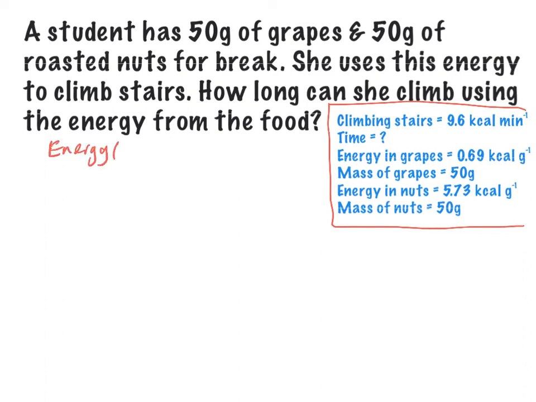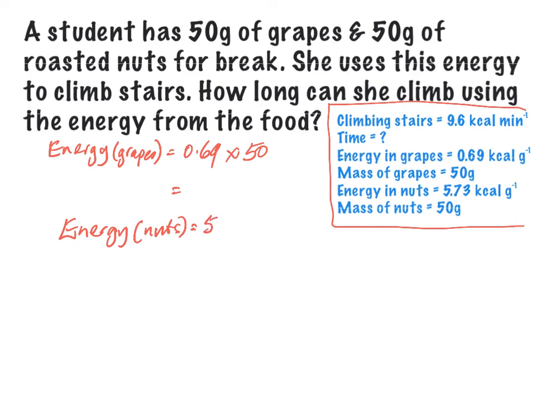Energy in grapes is equal to 0.69 times 50, and that'll give me a number. I'll do that in a moment. Energy in nuts is equal to 5.73 times 50, and I'll do that as well.